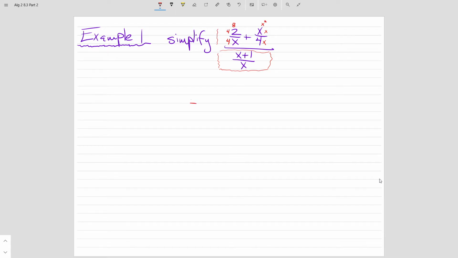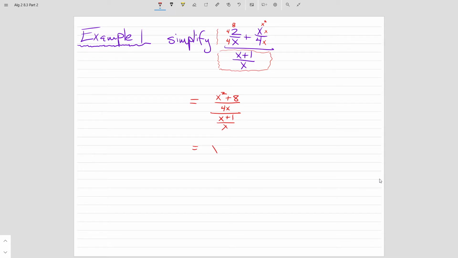And I can write my top of the fraction as 8 plus x squared over 4x, all over x plus 1 over x. And so I've got a single fraction divided by a single fraction.